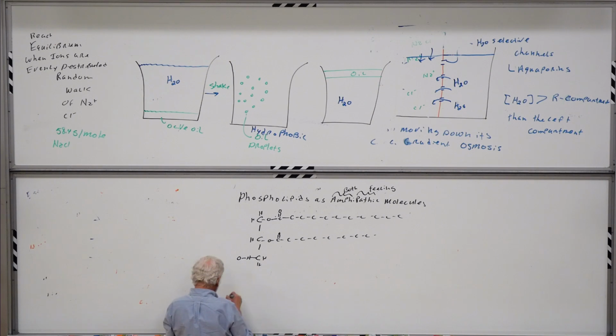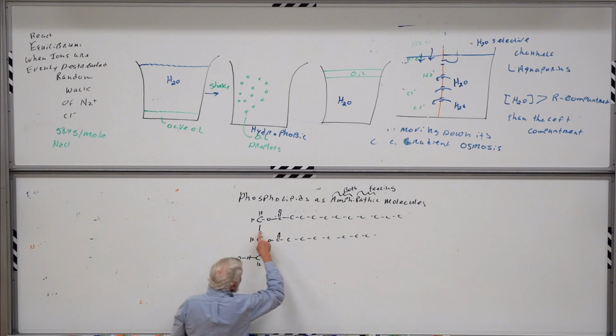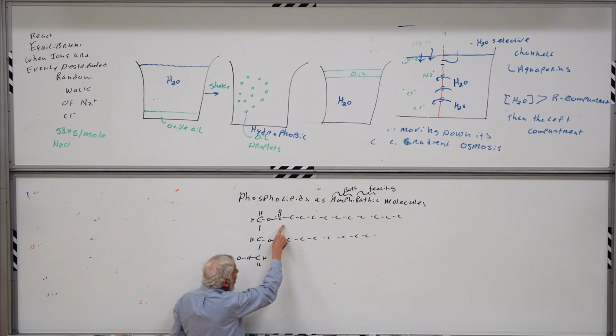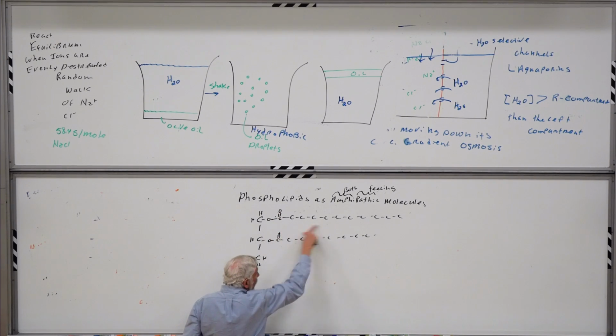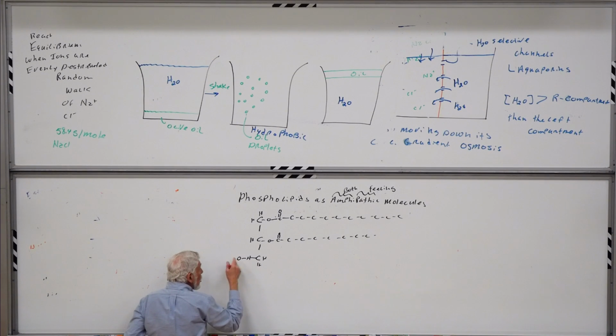There's the OH. But now this oxygen, rather than being linked through this ester bond to this long fatty acid side chain, is now going to be linked to a phosphorus. Phosphorus has a double bonded oxygen and has an oxygen with a negative charge.